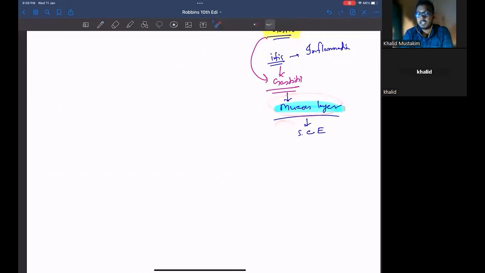So the mucus layer is basically important, but we also have to know that a patient doesn't develop gastritis or any problem of the stomach all of a sudden. It takes a certain time period for making an inflammation there. So if a patient is exposed to some injurious agent or some factors over this whole period, what is the other factor that is protecting the mucus layer?